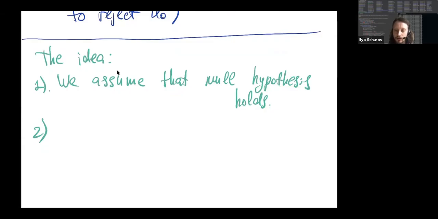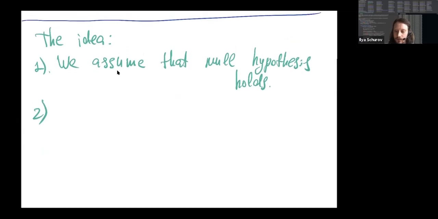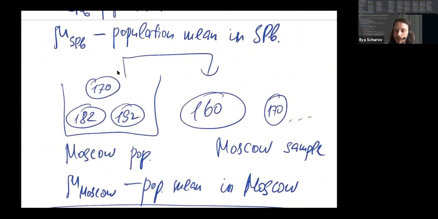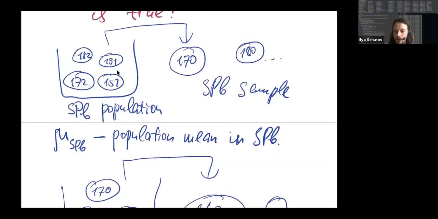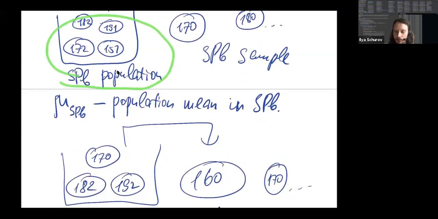Then, under this assumption, we simulate how well we do the following. We try to reproduce our experiments. Actually, we do some kind of imaginary reproduction of our experiment. So we believe that the null hypothesis holds, so these two populations have the same mean.